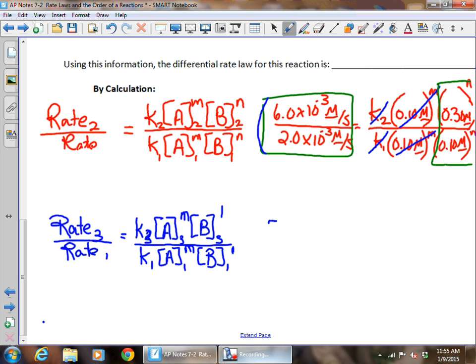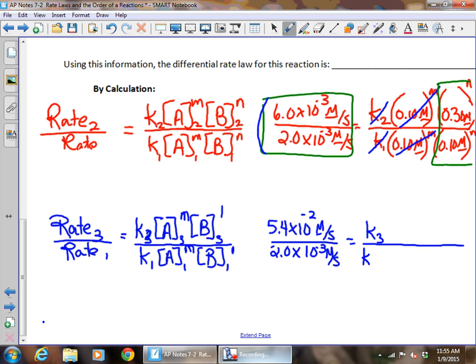Rate 3 was 5.4 times 10 to the negative second molarities per second. Rate 1 was 2.0 times 10 to the negative third molarities per second. And K3 over K1. Our concentration for A for experiment 3 is 0.30 molar.